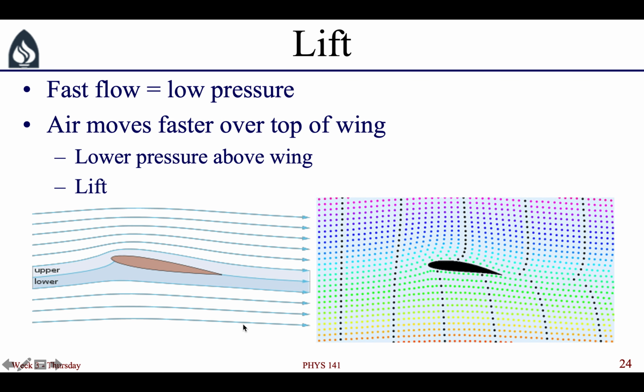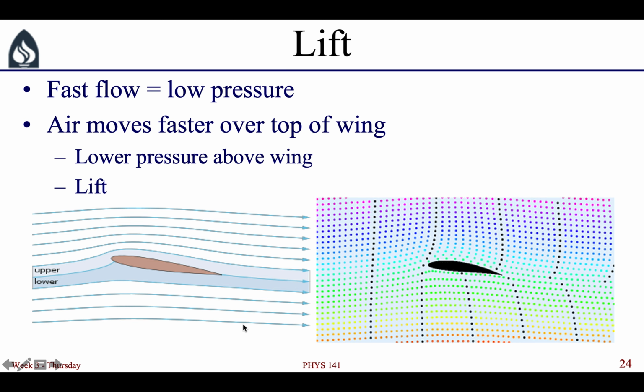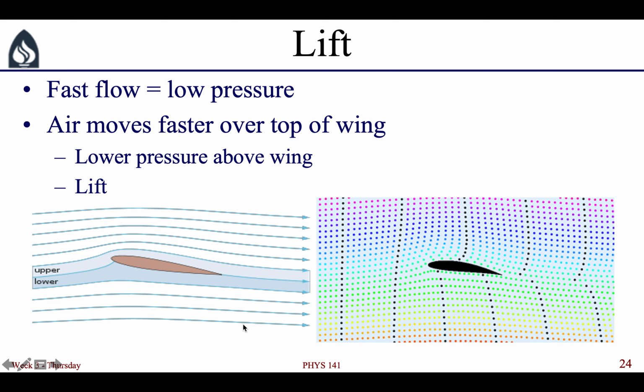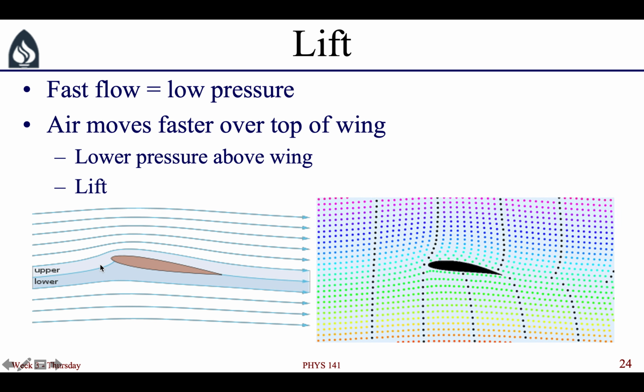Next, let's talk about lift. So we saw before with the Venturi tube that fast fluid flow means low pressure. And with lift, you have air that's moving around a wing.